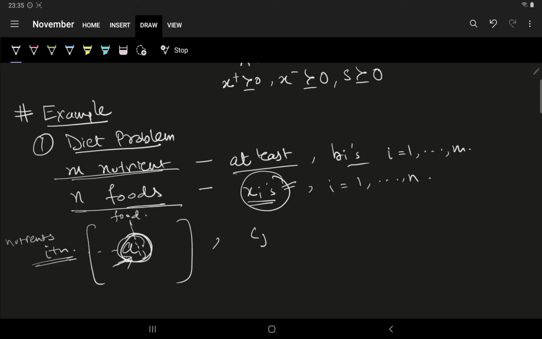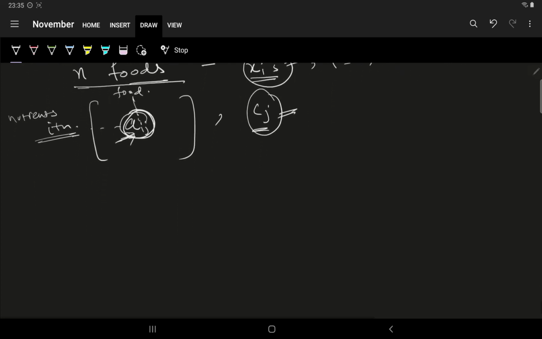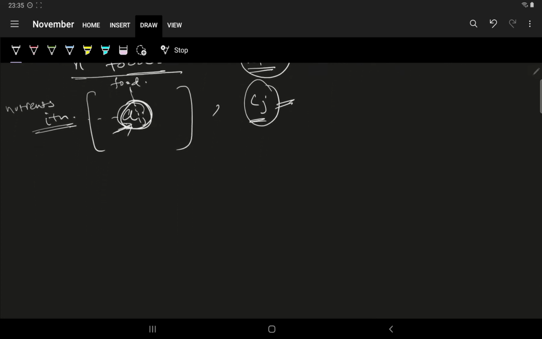And then there is c_j, that is the cost of that food. So we have to minimize the cost such that we have all the m nutrients in at least the quantity b_i. That is the problem statement, and we replace it by an equivalent linear programming problem.